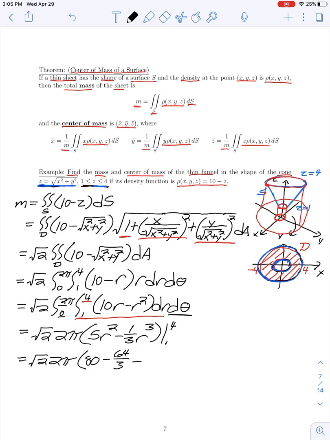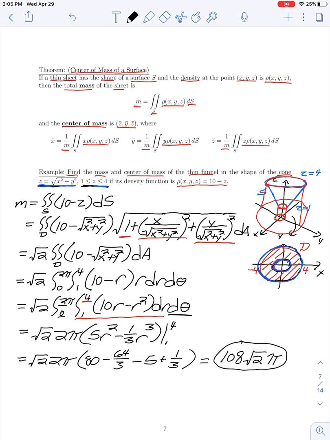Then we subtract what we get when we plug in 1, which would give me a 5, and then minus the negative 1/3 is plus 1/3. So we are left with, altogether, 108 times the square root of 2 pi for the mass of this funnel with the given density function.